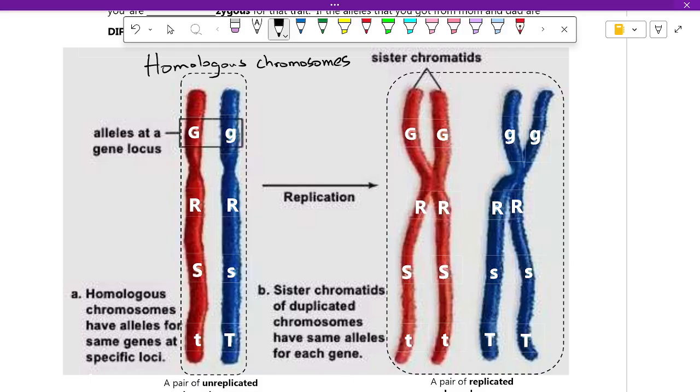No, you just need 1 copy. So why would a cell bother to replicate its DNA? Why would we make a copy of the chromosome from mom and make a copy of the chromosome from dad? When do cells make copies of their DNA? Yeah, they do it right before the cell divides. Okay? Replication is just before cell division.